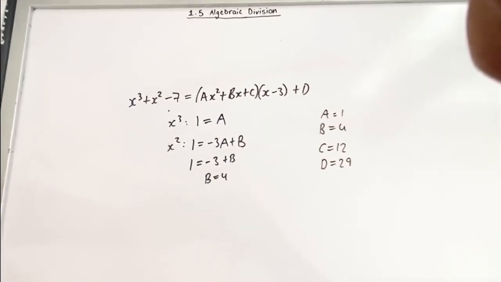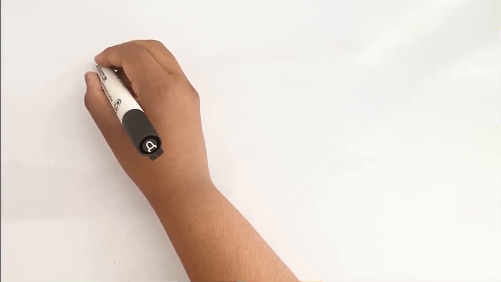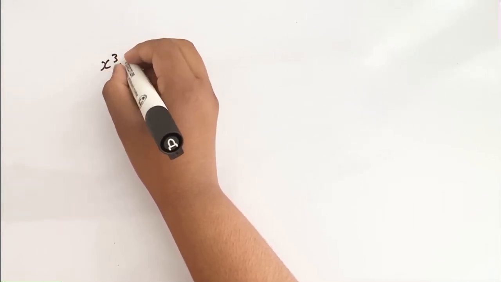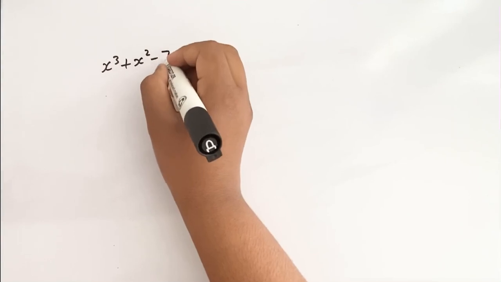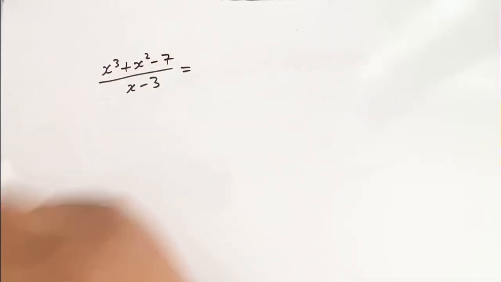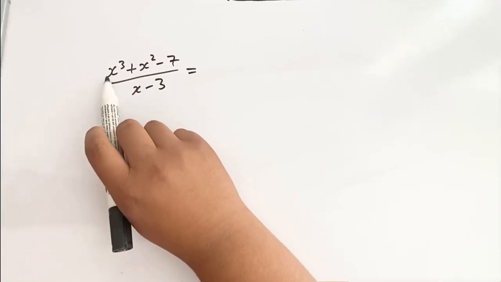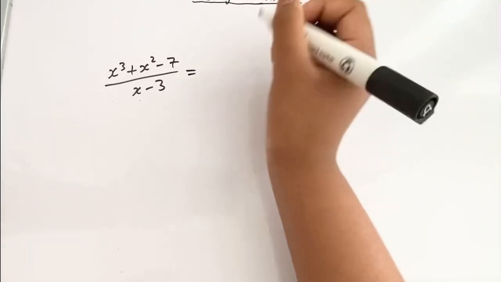Now we have a equals 1, b equals 4, c equals 12, and d equals 29, like before. One bonus method that might be quicker for people to do in one line is by looking at each term and seeing how you would factorize it. So let's take the original expression. If we divide x cubed by x, we just get x squared.